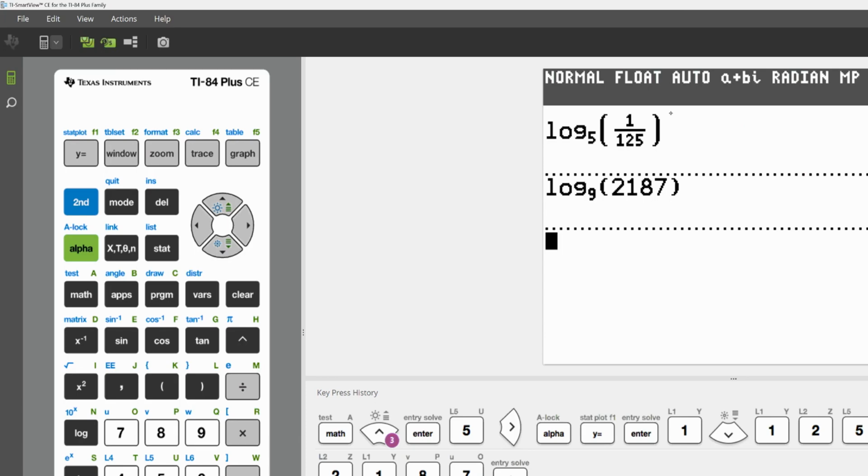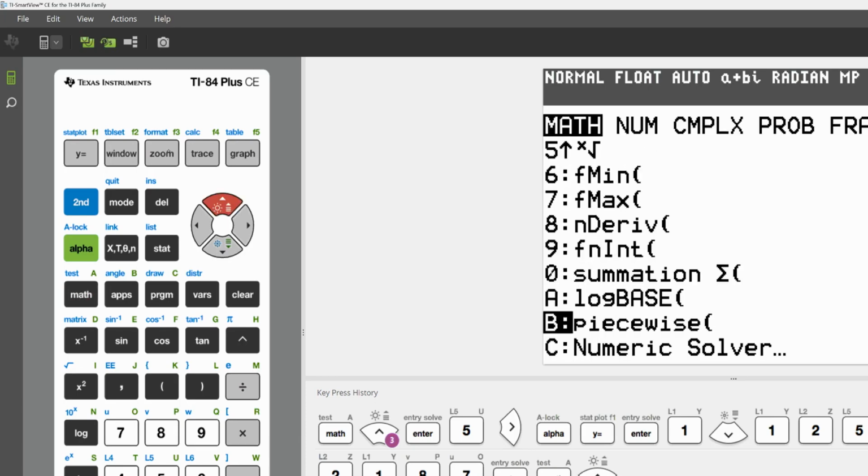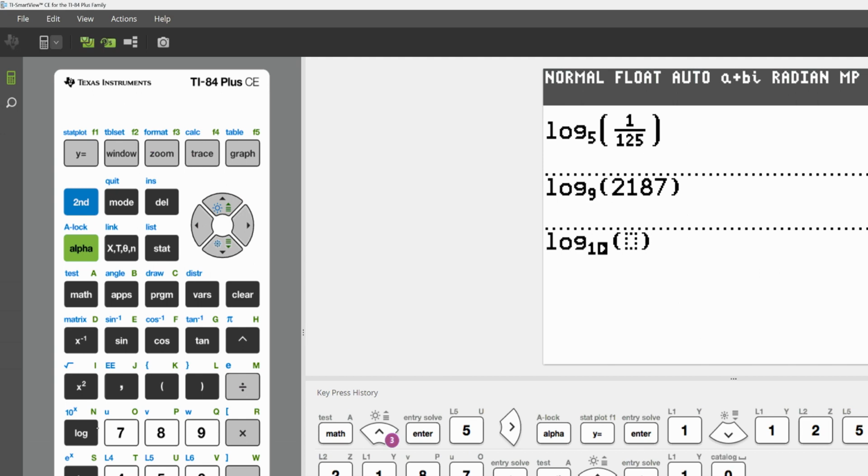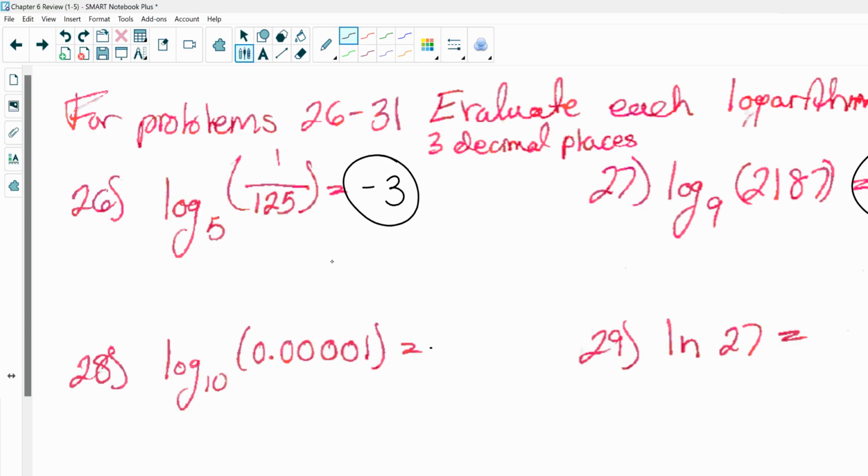Last one, math, log base 10 of 0.12341 is -5. If the number doesn't have a decimal or it doesn't go out 3 spots, I'm not expecting you to give me 3. Natural log of 27.